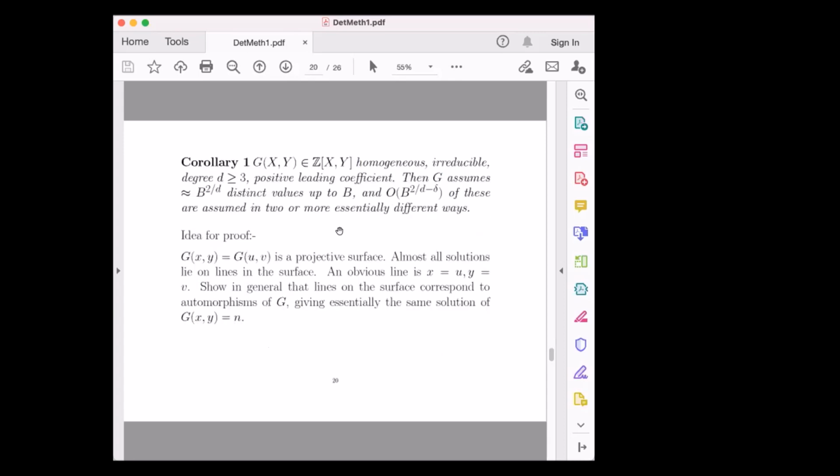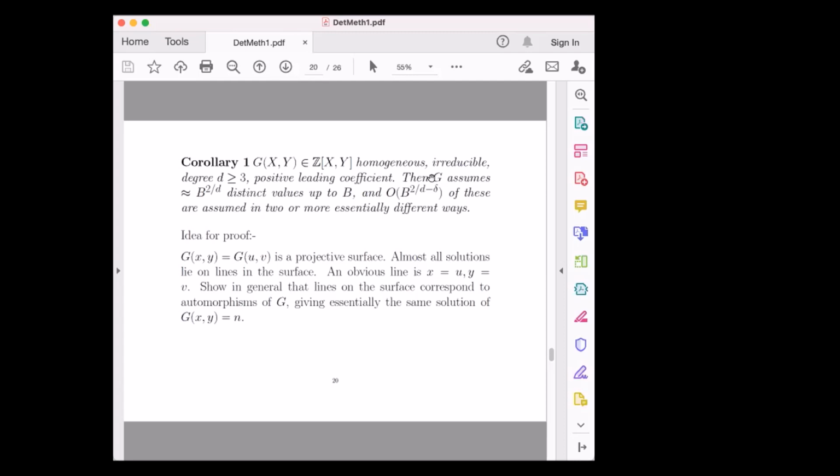Well, there's one nice corollary of this last result. Let's take a binary form with integer coefficients, homogeneous, irreducible, of degree d at least 3, with a positive leading coefficient. So it might be x cubed plus y cubed or something more complicated.